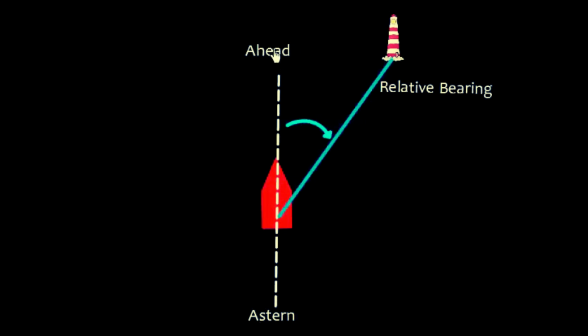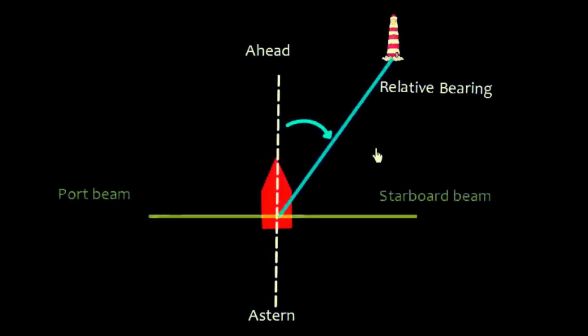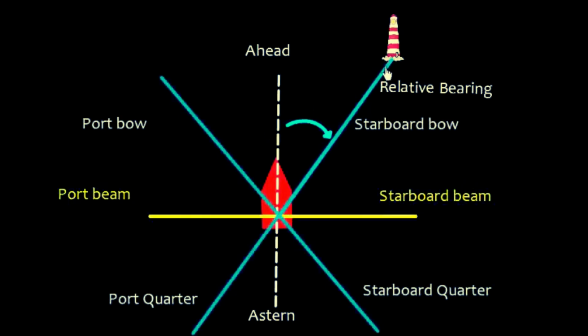Now let's have a look here. Suppose this is ahead, this is astern, and this is the object. So this angle is a relative bearing. I just changed the configuration. This one is called starboard beam, this one is called port beam. Well, 45 degree to this is called starboard bow, and this is called port bow.